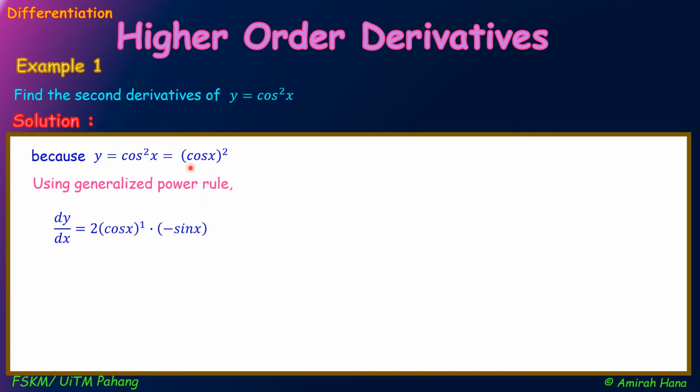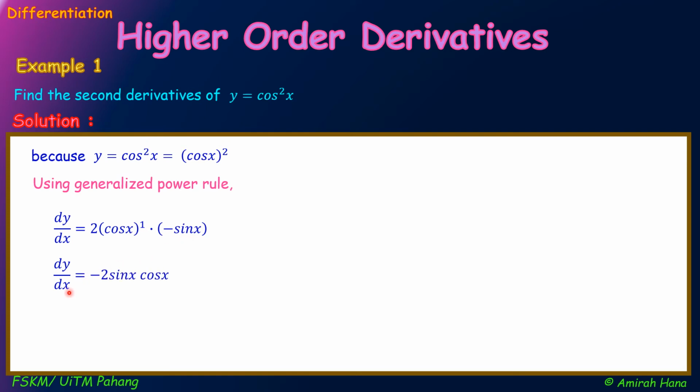When we differentiate (cos x) squared, we move the power to the front, copy the function inside the bracket, and from the original power we minus 1, so we get the power of 1. After that, we differentiate the function in the bracket, cos x. From the trigonometric rule, the derivative of cos x equals negative sin x.